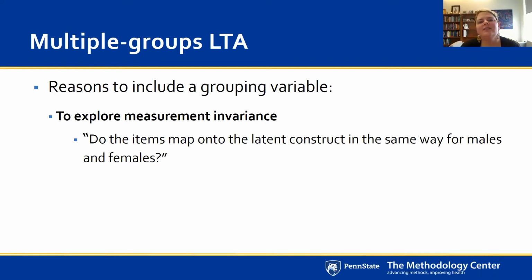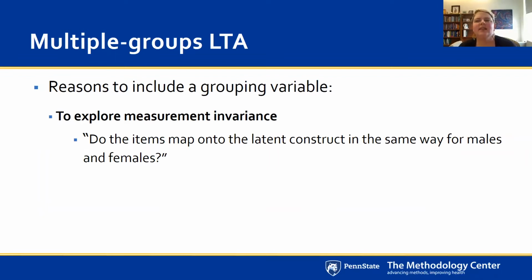So is the structure of the latent classes the same for men and women? That question is the same as, do the items map onto the latent construct in the same ways for males and females, for example? We need to establish measurement invariance so that we can directly compare things like the sizes of the classes and transitions between the classes across levels of that grouping variable.